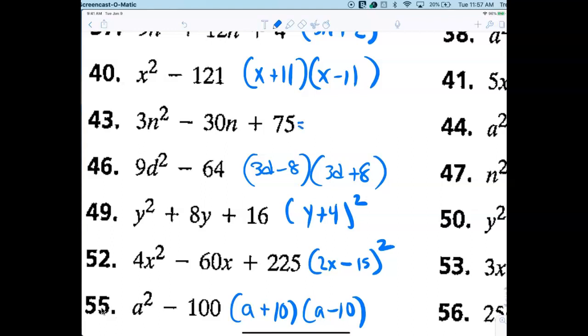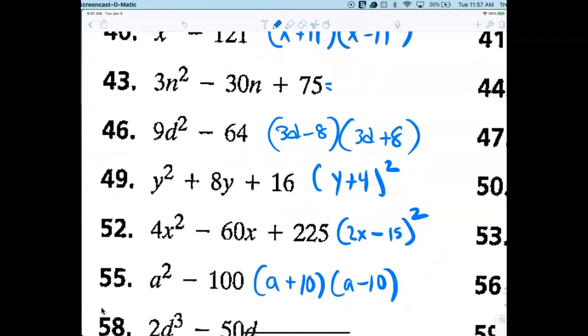All right. Let's go, Morty. What's common? 3. And then what's left behind? N squared minus 10n plus 25.